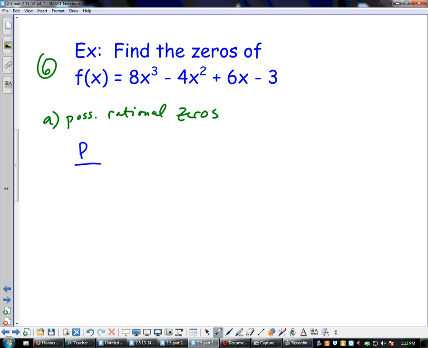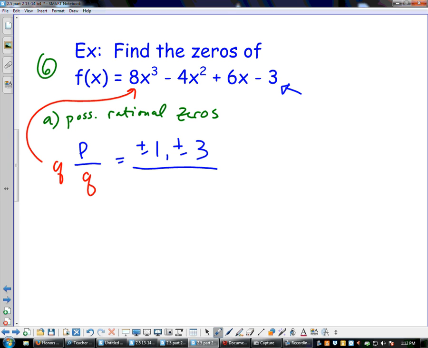So we need P over Q, where the P values are going to be the factors of your constant term. So that's just going to be plus or minus 1, plus or minus 3. And the Q values are going to be the factors of your leading coefficient. So here's the P's over here, Q's over here. So we want all the factors of 8. That's plus or minus 1, plus or minus 2, plus or minus 4, plus or minus 8.